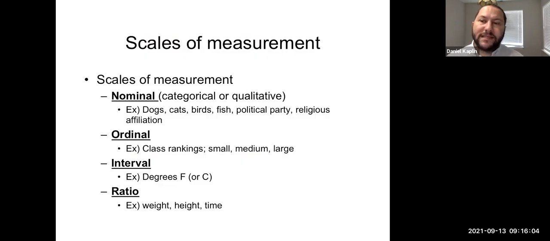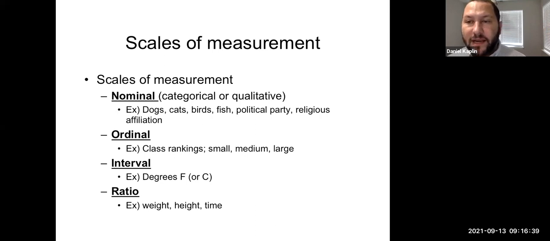Now, the next thing I want to teach you is about scales of measurement. I'm going to do a series of mini videos on SPSS, and the scales of measurement are going to be important. When you have to code your variables, when you make your data file, you're going to need to know whether it's nominal, ordinal, interval, or ratio.